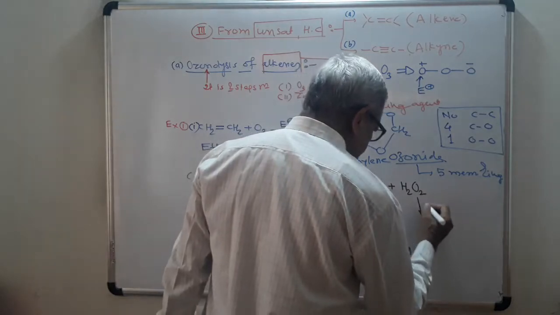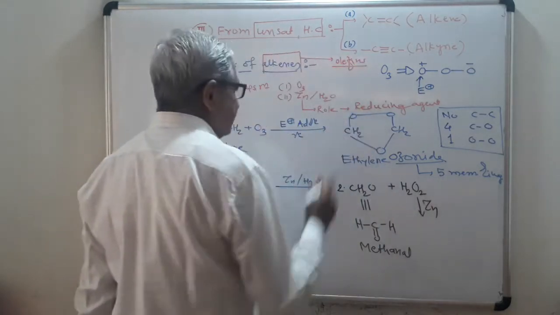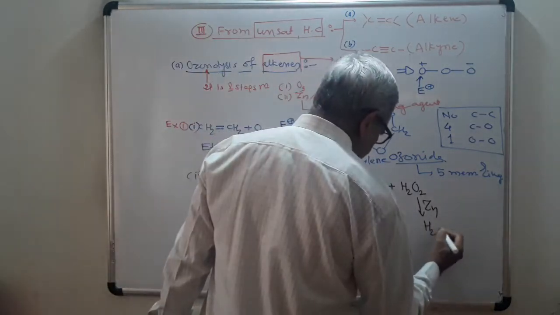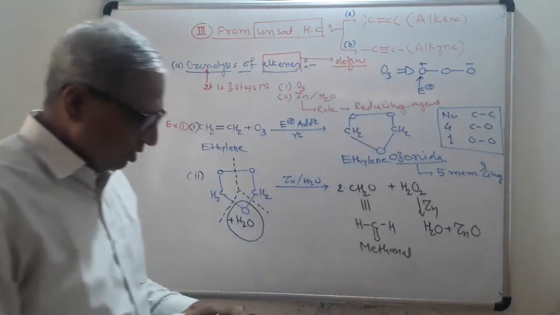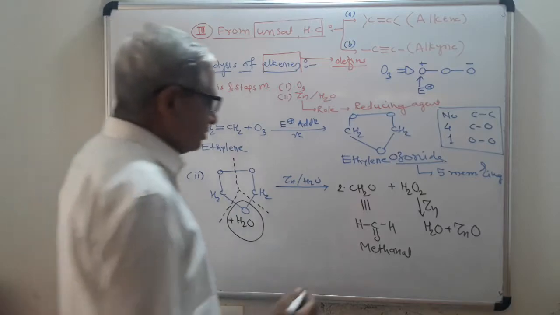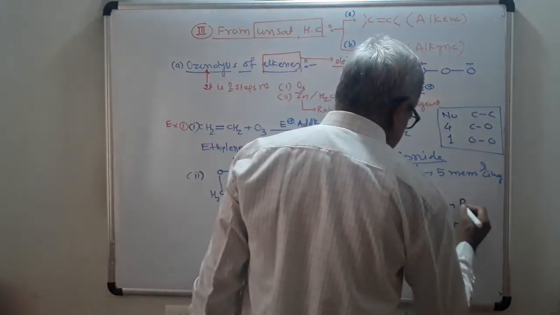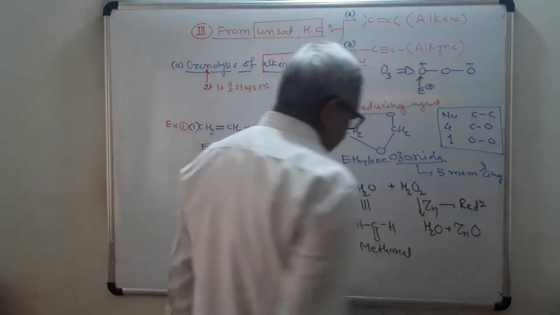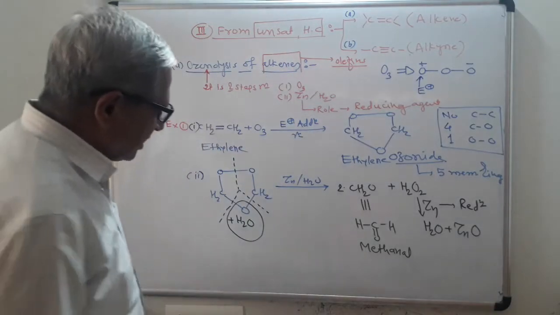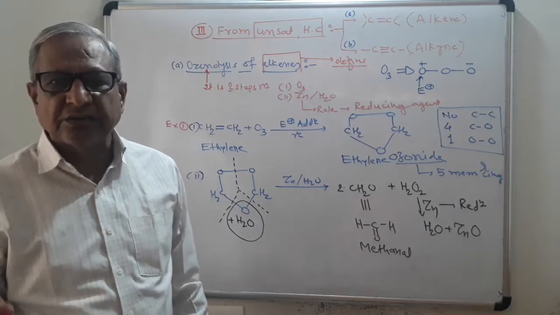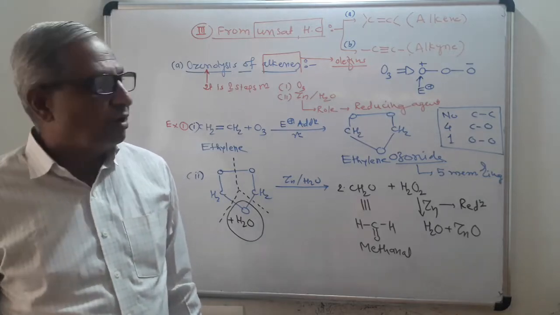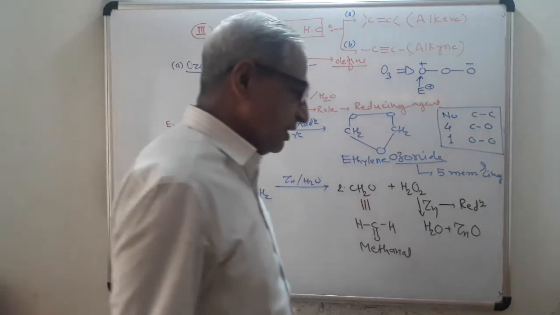It immediately reacts with the zinc, and zinc reduces hydrogen peroxide into water and zinc oxide, and therefore the role of zinc is reduction. If you do not add the zinc, this aldehyde will immediately be converted to carboxylic acid, because aldehydes are susceptible to oxidation. So this is the first example.